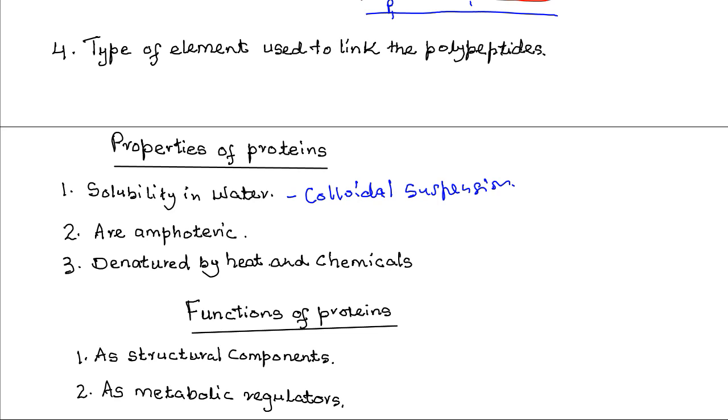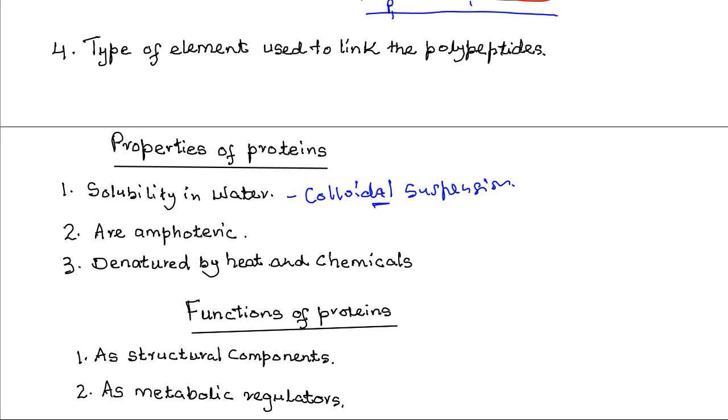The formation of the colloidal suspension is something you're going to mention when it comes to the function of the protein. So in a colloidal suspension, the protein particles do not dissolve because they are too large. They also remain suspended. They cannot sediment because they are too small. Their weight is not large enough to cause sedimentation, so they remain suspended in that state.